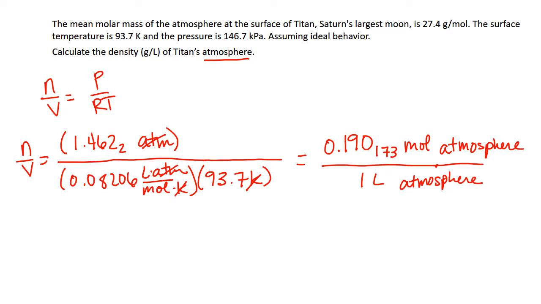Okay, so now we want to calculate the density, and we want to get to grams per liter. I have moles per liter. My last step is to convert those moles into grams, and I'm going to do that with the average molar mass of the atmosphere at the surface.